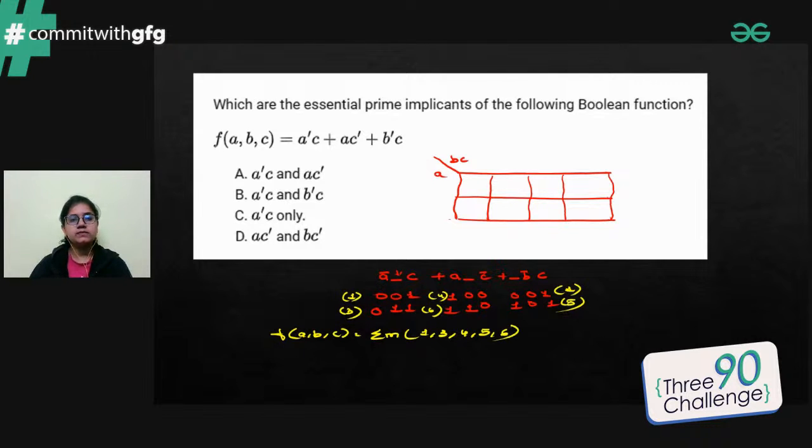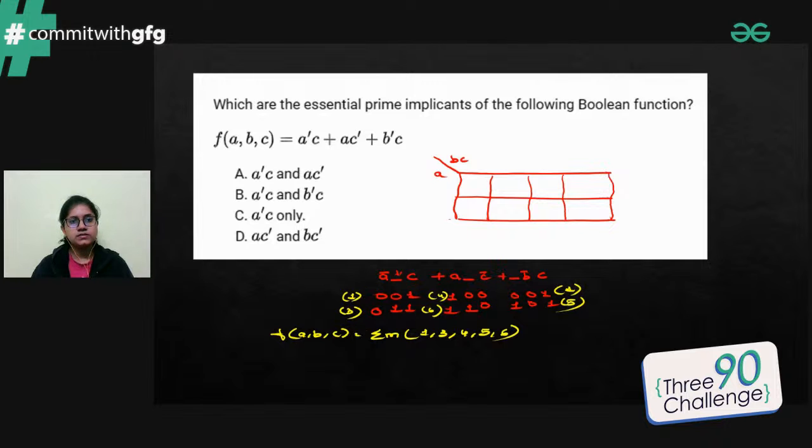Please understand that whenever we have to find essential prime implicants, when we have to take out the answer for such type of questions, make sure that the expression is in canonical form. If it is not, this is the method to first make it into canonical form.